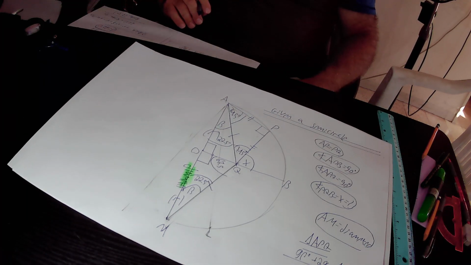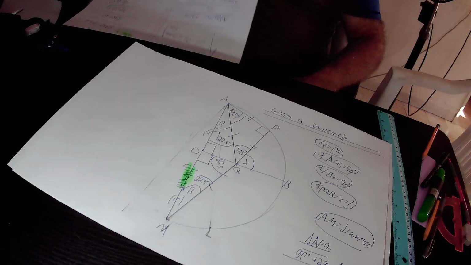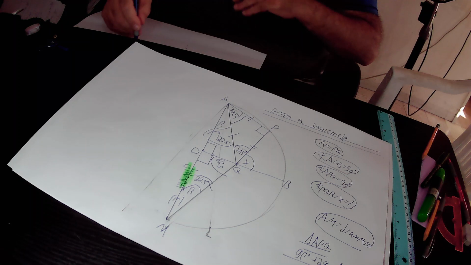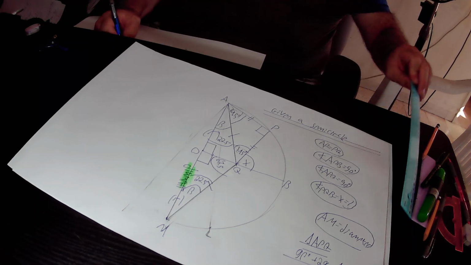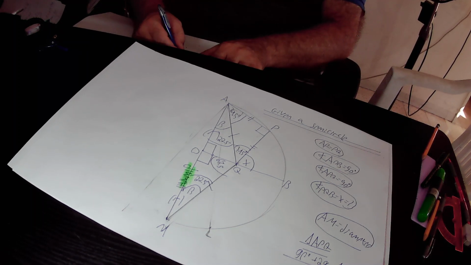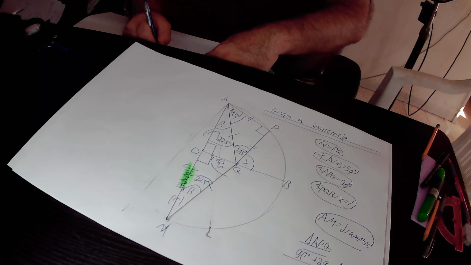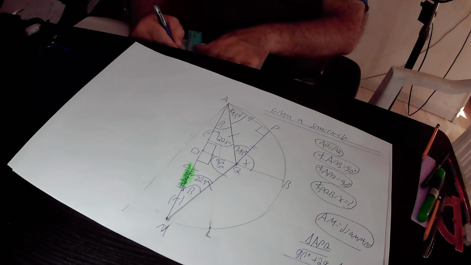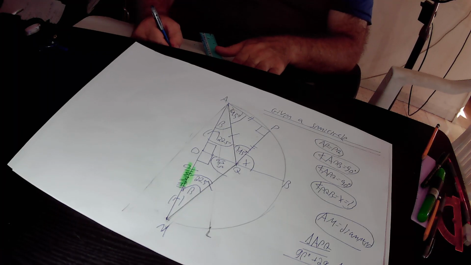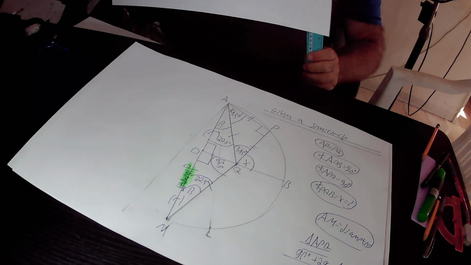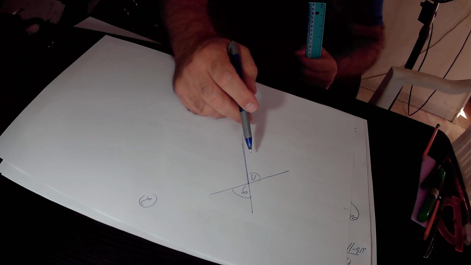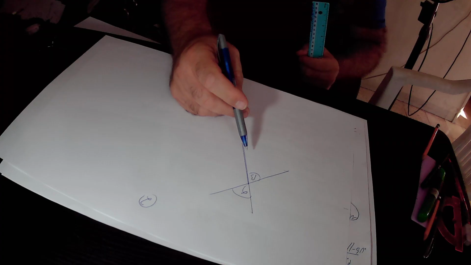We have the rule that says that vertex angles are equal to each other. Angles alpha and beta are defined as vertex angles, and vertex angles are equal to each other.